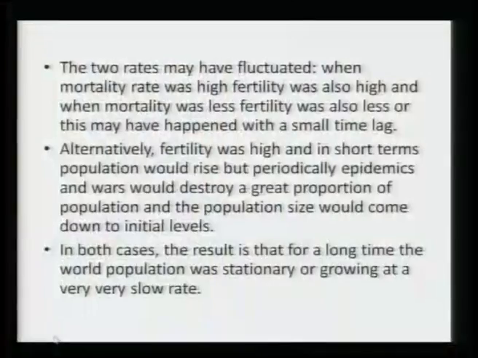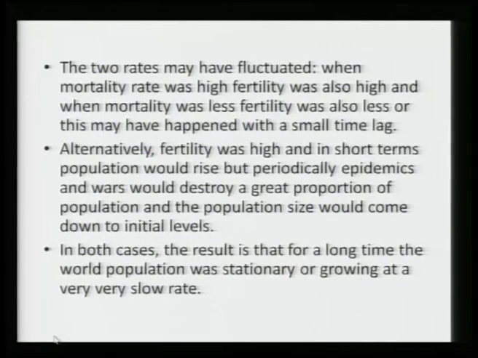The two rates may have fluctuated. When mortality rate was high, fertility rate was also high, and when mortality was less, fertility was also less, or this may have happened with a small time lag.